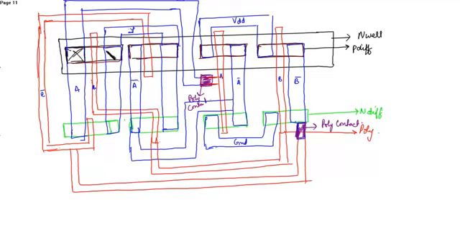This is the P diffusion contact. And you have to place all the diffusion contacts first and then the substrate contacts.